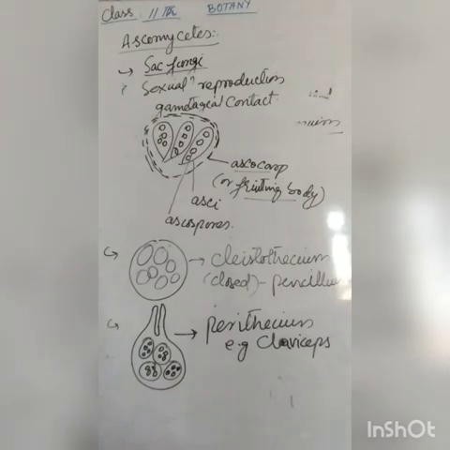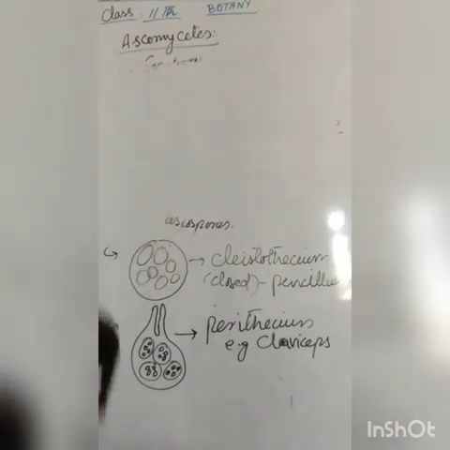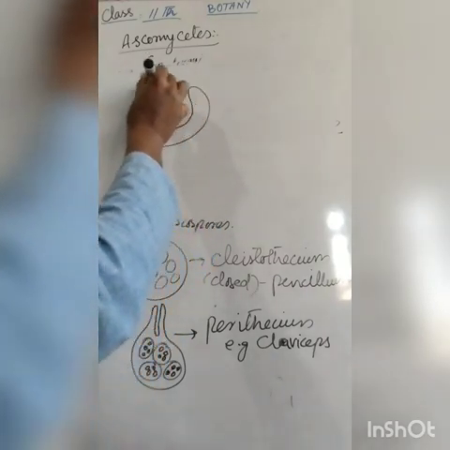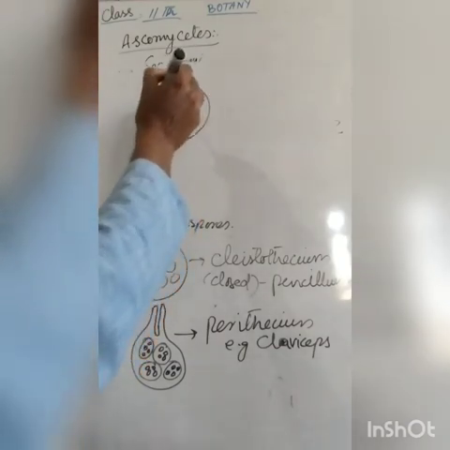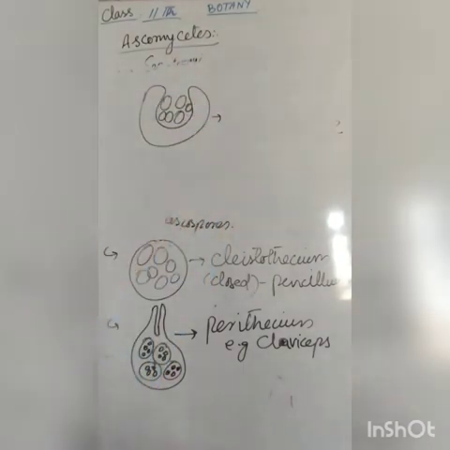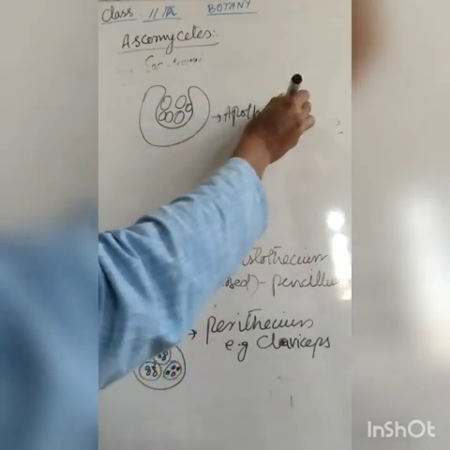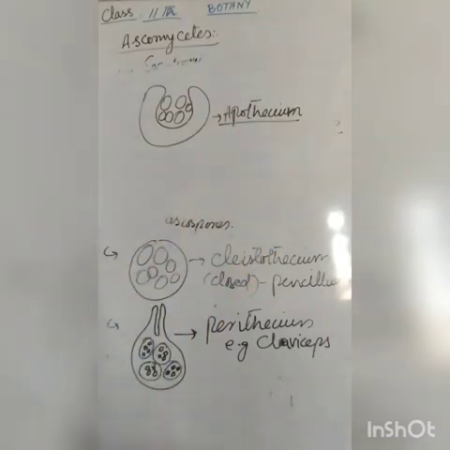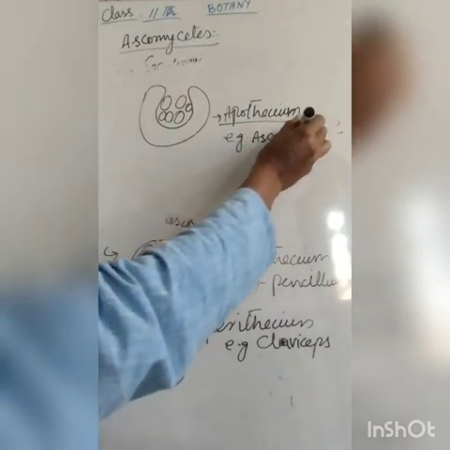And sometimes it may be cup-like. The ascocarp or fruiting body is cup-shaped like this. And this cup shape has an opening also. It is called apothecium, and it is found in the fungus Ascobolus.